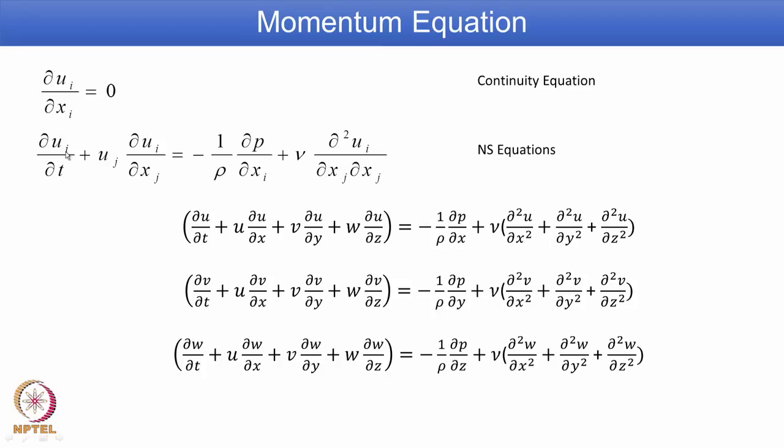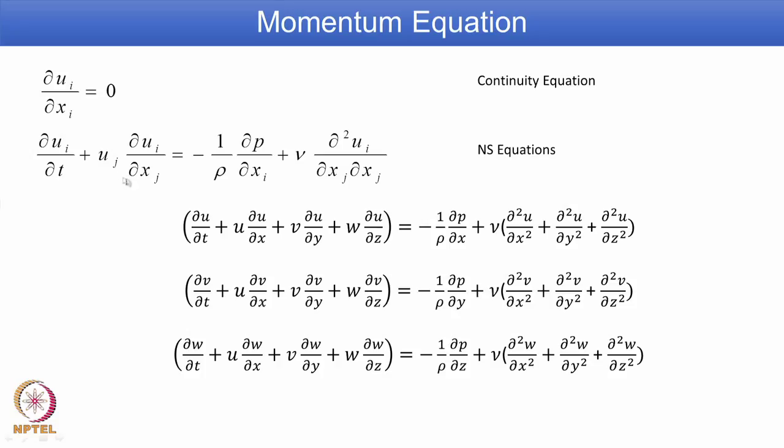For example, if you substitute i equal to 1, you get the x momentum equation. For each term, for example the second term on the left-hand side, ∂u_i is a convection term, and u_i with i equal to 1 is u itself, whereas the j index repeats, so it is a summation. For every value of j you get one new term and then they are added.